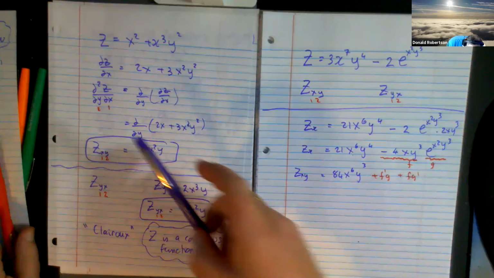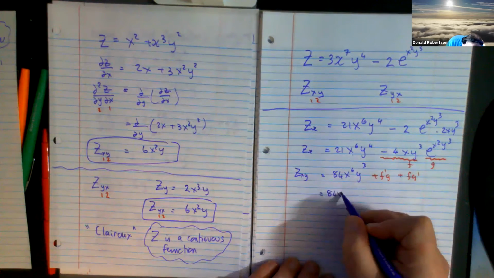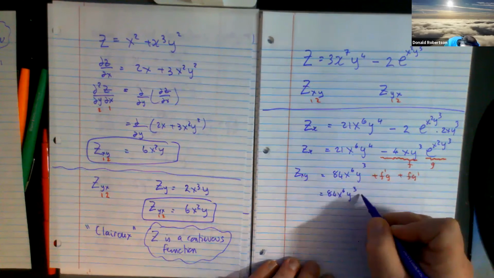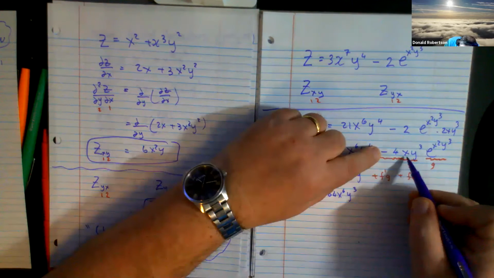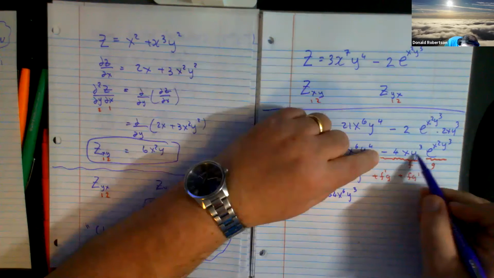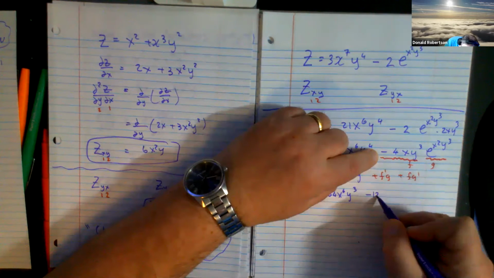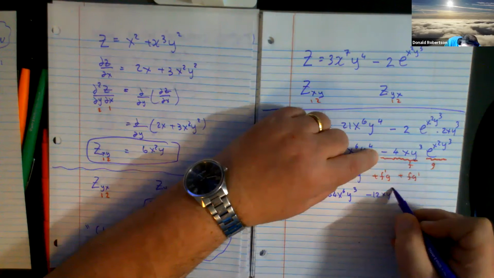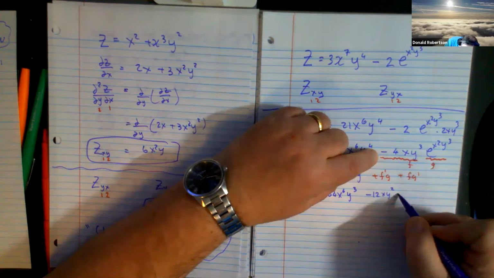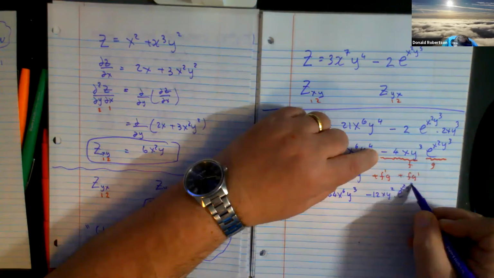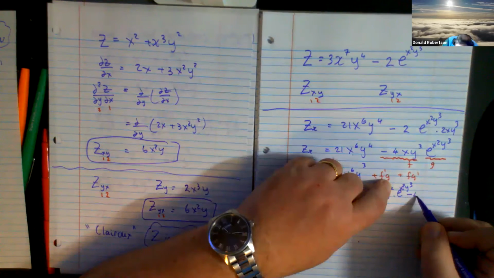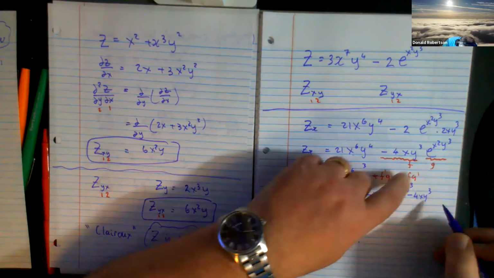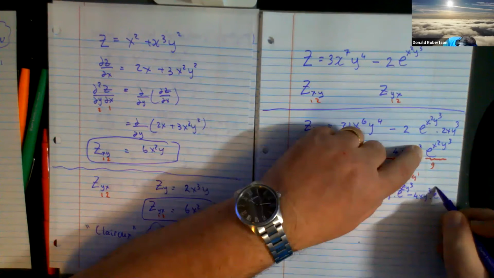So it's going to be 84 of this guy, right, plus, okay, F dashed is this guy with respect to y, so that's negative 12 x y squared times e to this guy, plus, which is this fella, the derivative of this guy, which is this fella.